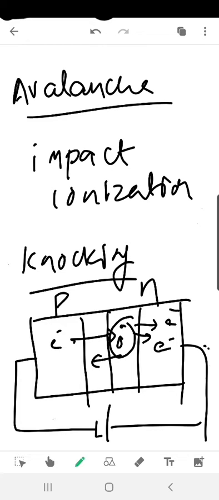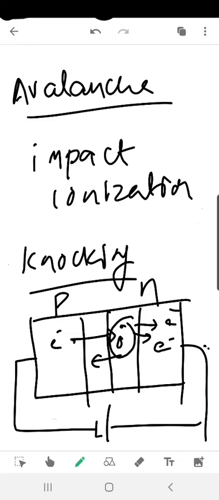So this interaction will result in an increase in carrier concentration. With a single electron striking an electron hole pair, we get one electron and one hole, plus the electron which struck the pair. The electron and hole which are generated will be swept away: the electron to the n side and the hole to the p side.